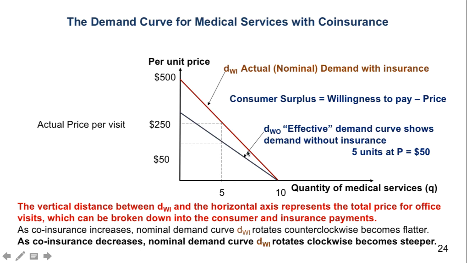In that case, the nominal demand curve rotates clockwise and becomes steeper, up to basically a vertical line at the maximum quantity of medical services that could be demanded. This is a maximum of 10 units, and along the vertical axis, the insurance pays $500 for 10 units of quantity of medical services.